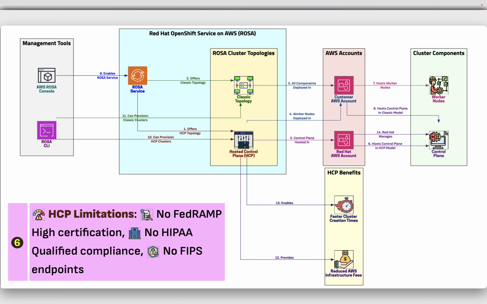Now HCP limitations. ROSA with hosted control plane does not offer FedRAMP High and HIPAA qualified compliance certifications. Also, FIPS endpoints are not offered. So if you need these three compliance items, then you have to go with Classic.